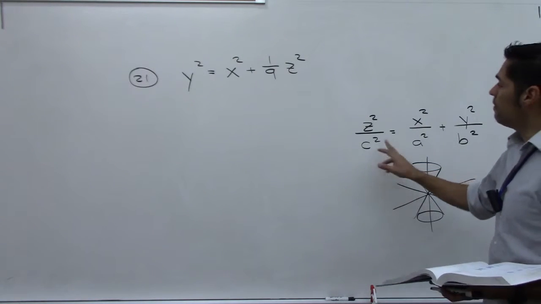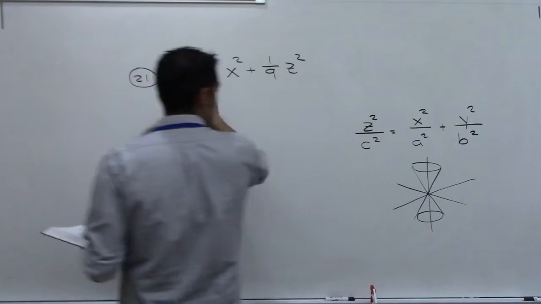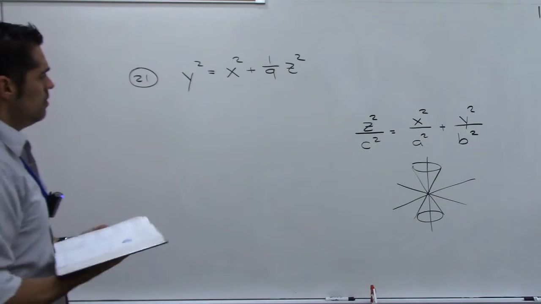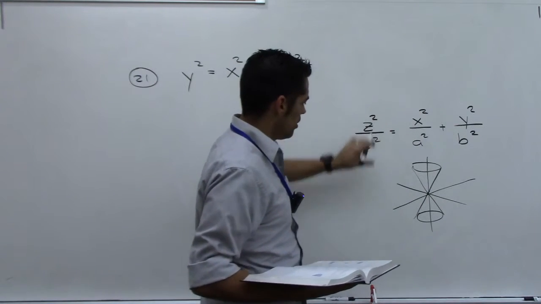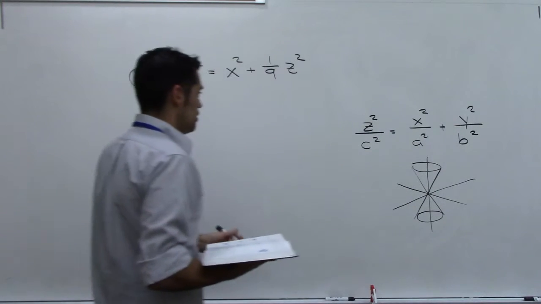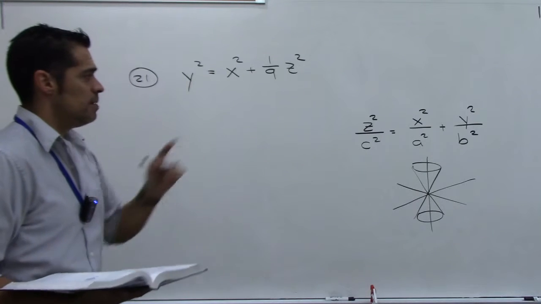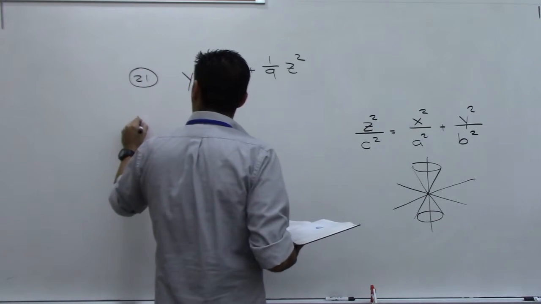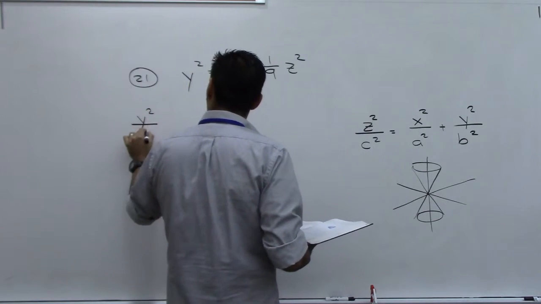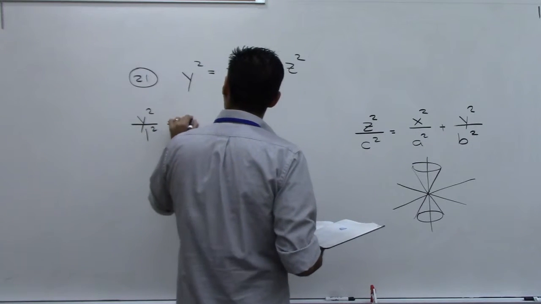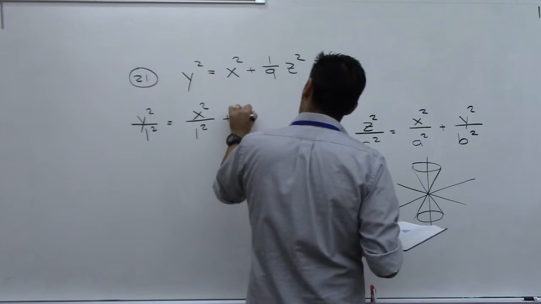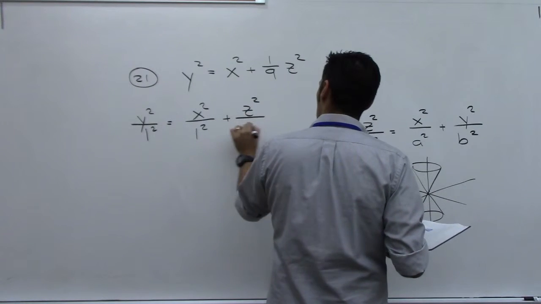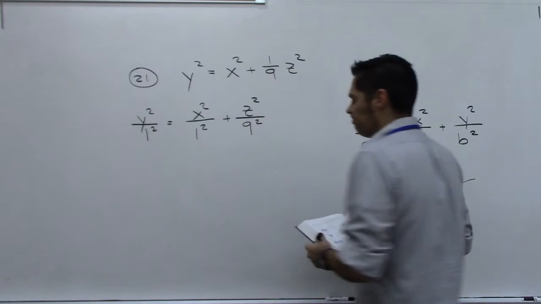Now over here, the variable that's isolated is y. So we're going to have the same sort of idea here, except our cone should go out the y-axis instead. Let's just identify the constants on the bottom. So this is the same as y squared over 1 squared equals x squared over 1 squared plus z squared over 3 squared.